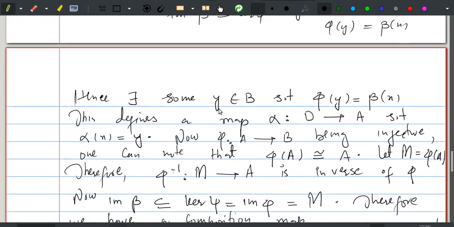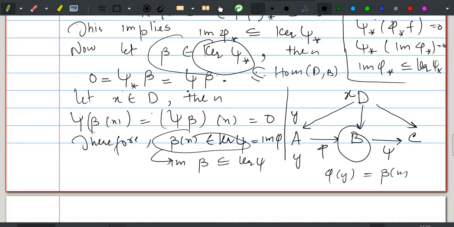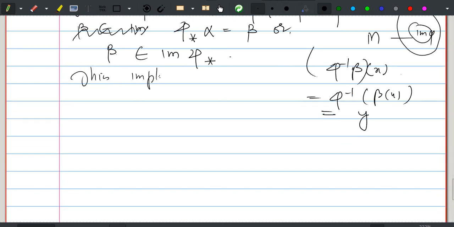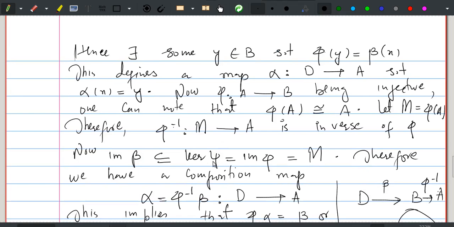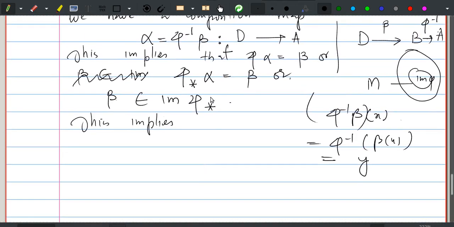We chose this beta here to be an element of the kernel of psi star, and we end up with beta in the image of phi star. This implies the kernel of psi star is contained in the image of phi star.